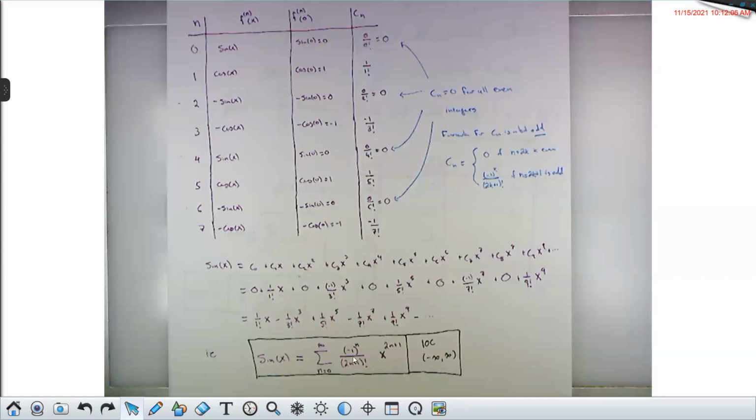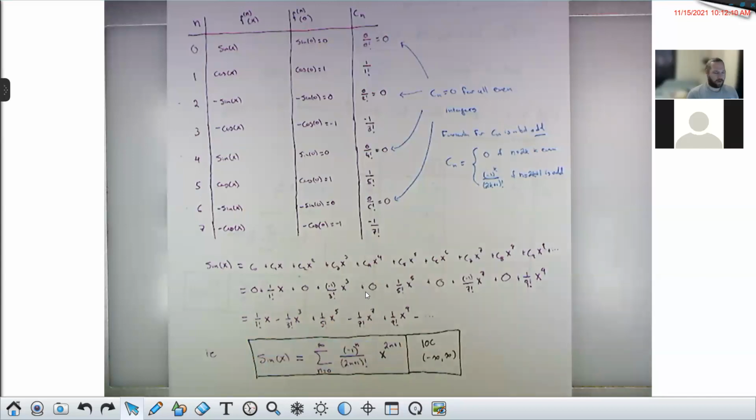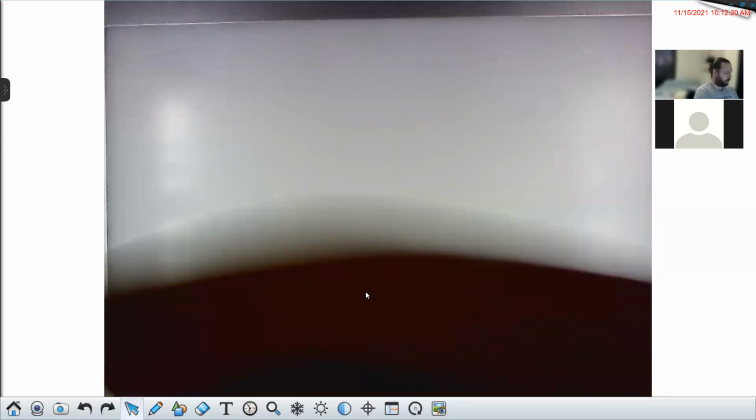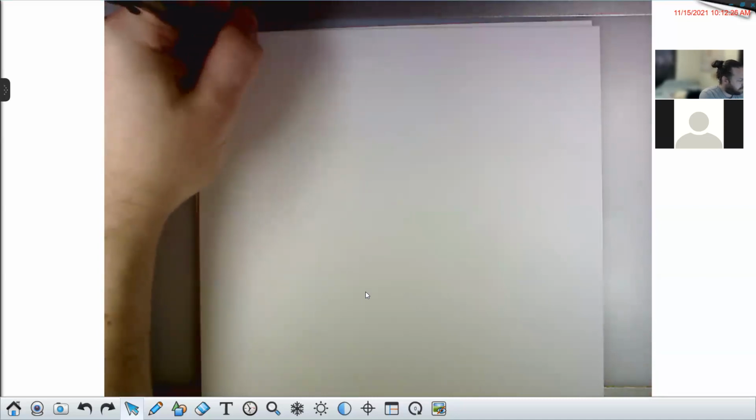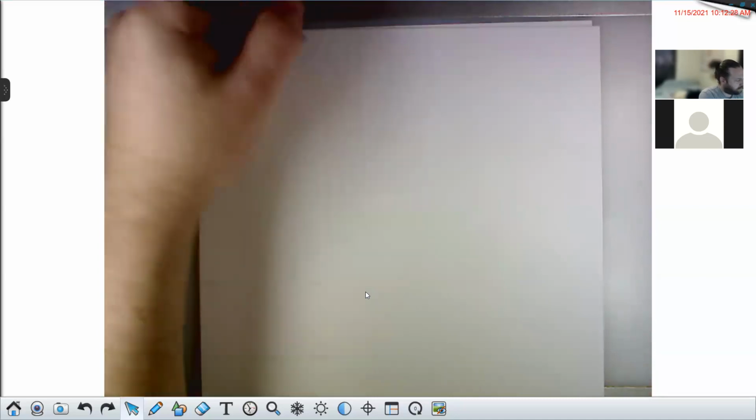We have our power series for sine of x now. I want a power series for cos x next. And I'm going to ask you, what do you think is a good way to get a power series for cos x, centered at 0?